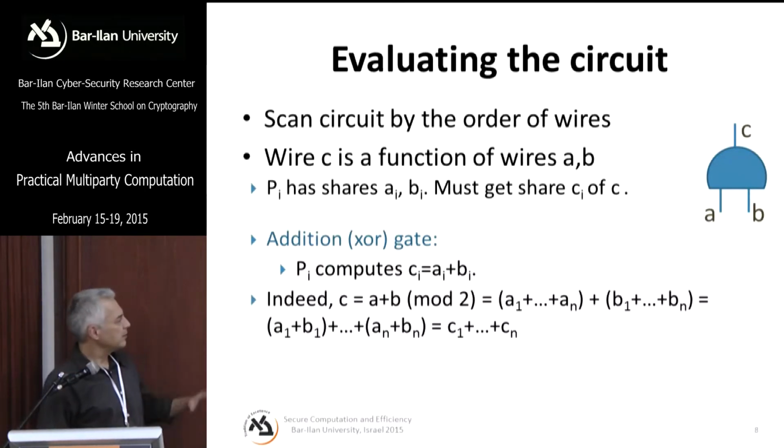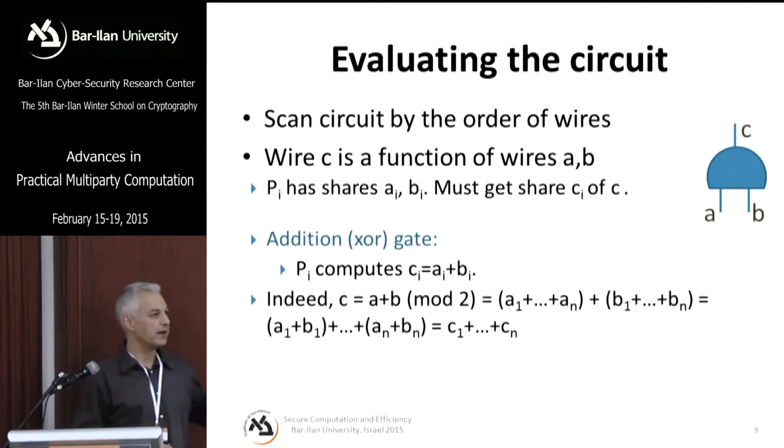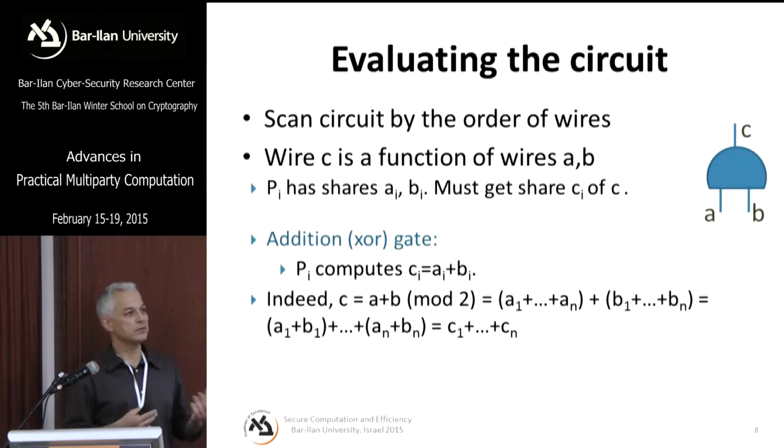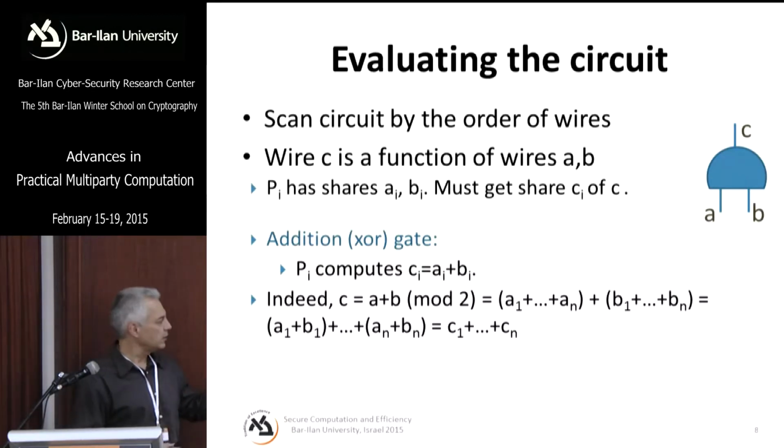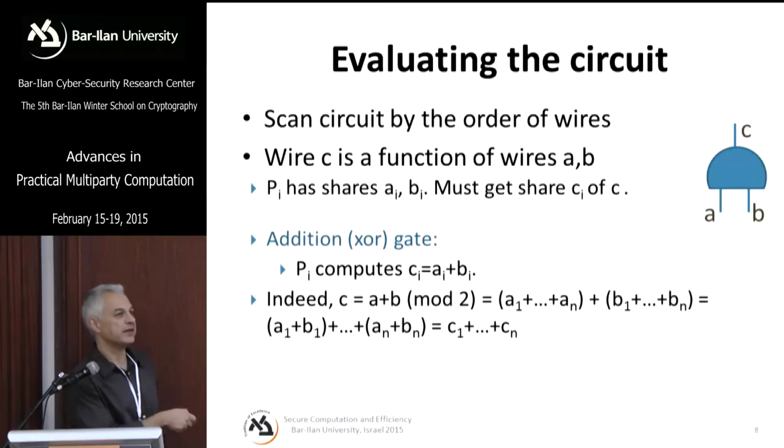We get that the output is equal to A1 plus B1 plus A2 plus B2 up to An plus Bn, all modulo 2. But A1 plus B1 is the share that P1 has set for its output from that gate. And A2 plus B2 is the share that P2 has set for its output from that gate, and so on. So essentially, if each of them computes its share this way, they get shares of the output wire.